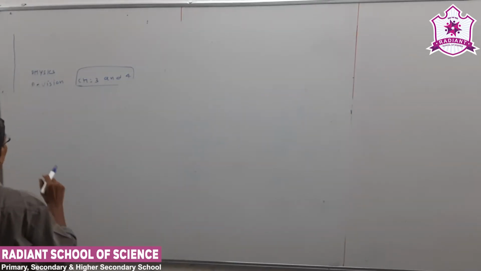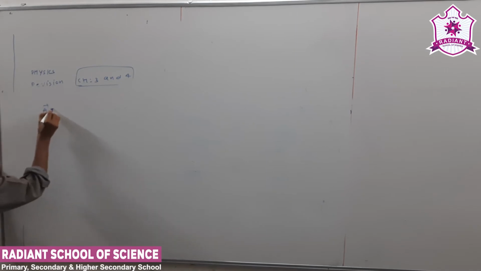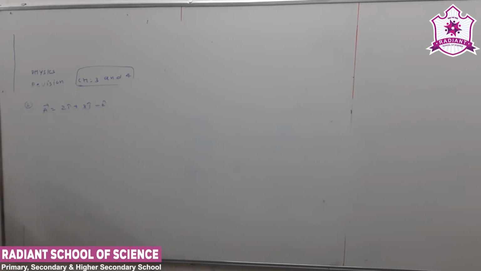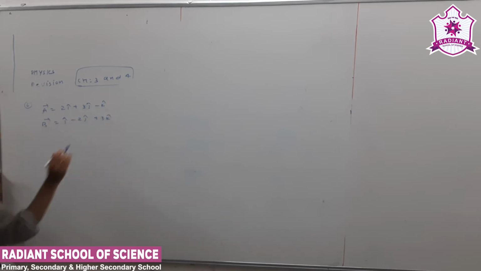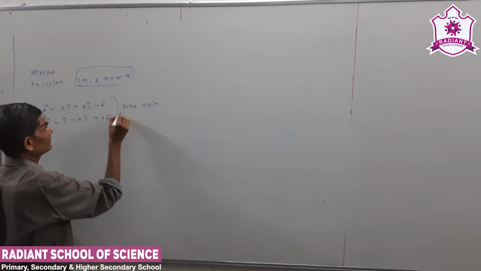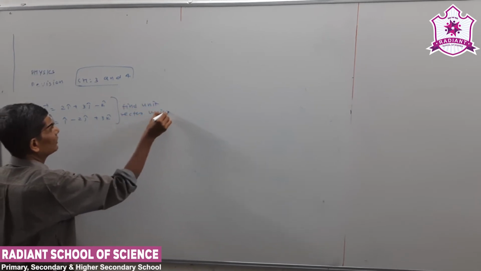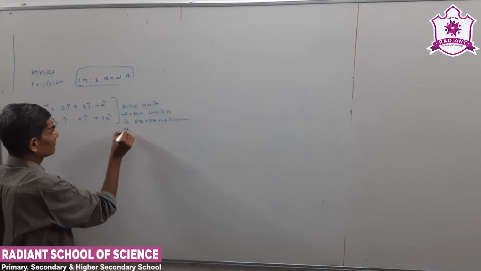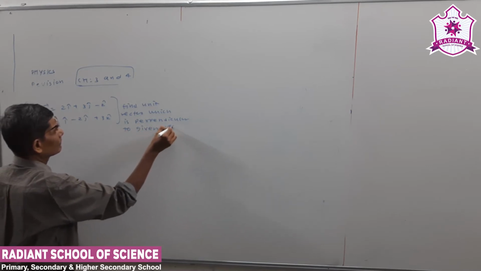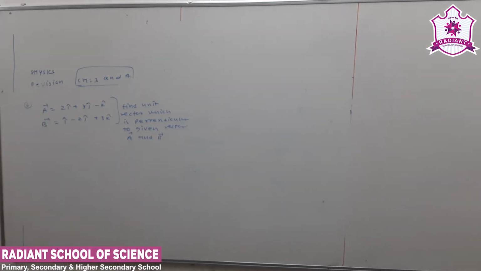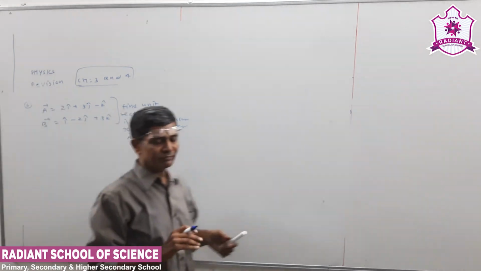Suppose we have to find, let us say A is given as p i minus 2j plus 3k. Find the unit vector which is perpendicular to A and B. Now we studied in the properties of the vector product.